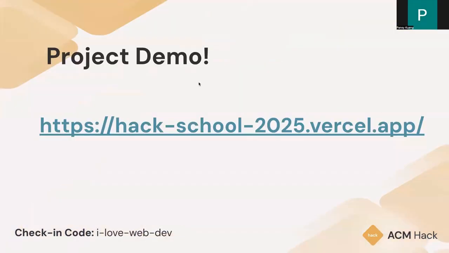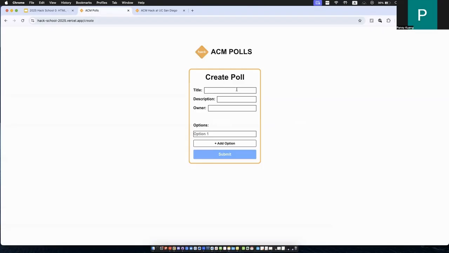So firstly, introducing our project. This is our project, which is a poll sharing app where you can create a poll. For example, cookies or cake, then description, owner, and the options.